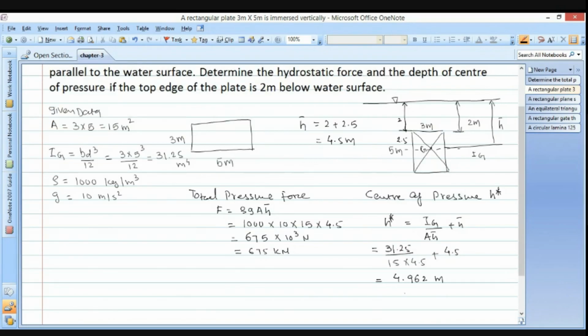This answer is from the free surface. Suppose this is the center of pressure point, that is the CP point. The height of this CP point from the free surface is h star, and that height we get is 4.962. In this way we are able to solve this simple numerical.